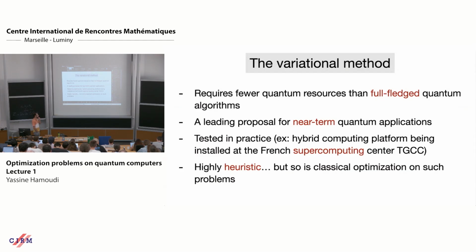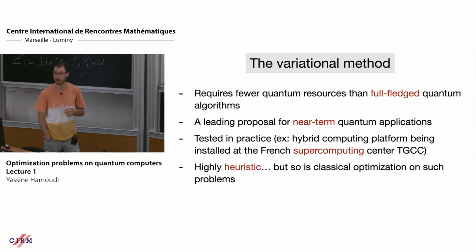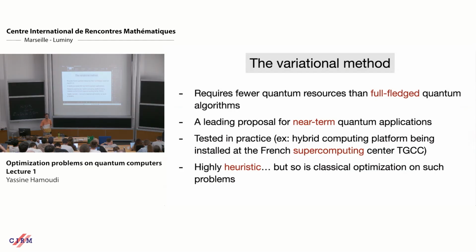For instance, in France, there is a project about combining a supercomputer with near-term quantum computers to address hybrid variational methods. At the same time, it is highly heuristic, but so is classical optimization on such problems, so that could be okay if we can find interesting solutions with this approach.